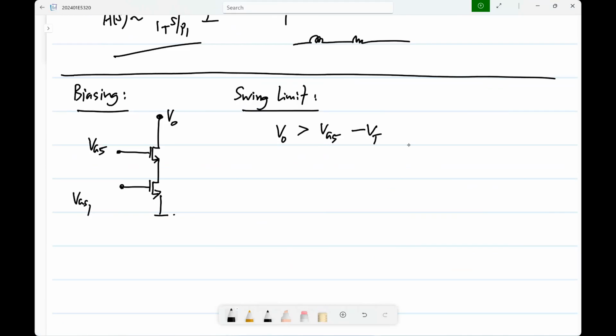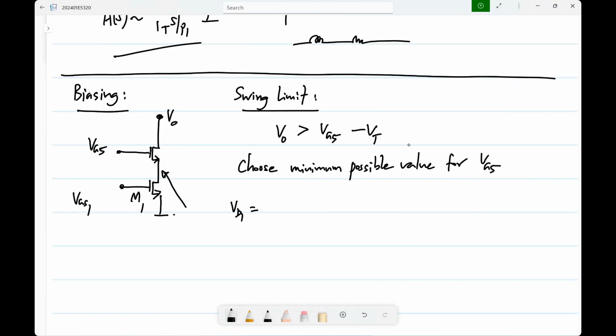Now, this is the lower limit, right? So, you want the lower limit always to be as low as possible. So, choose the minimum possible value for VG5. What is that? Basically, what is the drain voltage of M1?